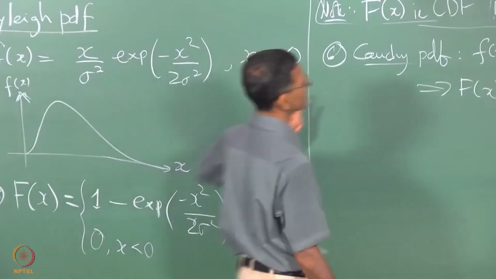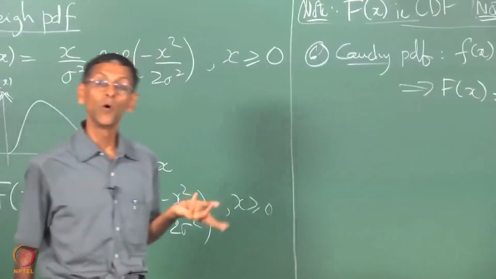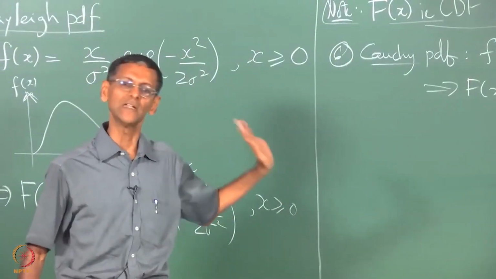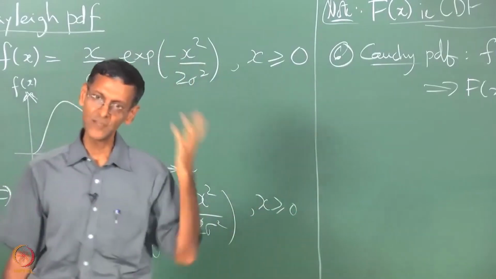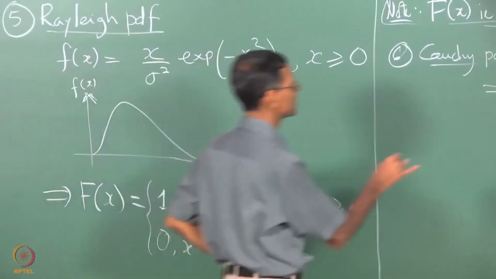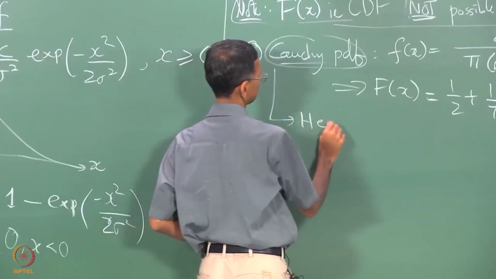As a consequence of this x squared, we will see later on that this Cauchy PDF has no moments, not even the first moment if you look at the careful definition of the first moment, whereas the Gaussian PDF has every single moment. So that is for later. This PDF is called a heavy tail PDF.